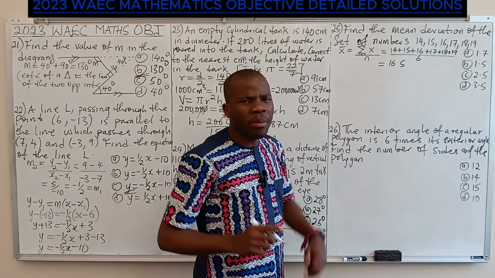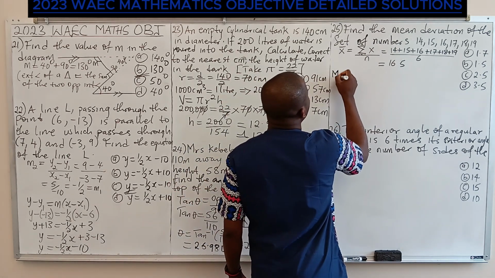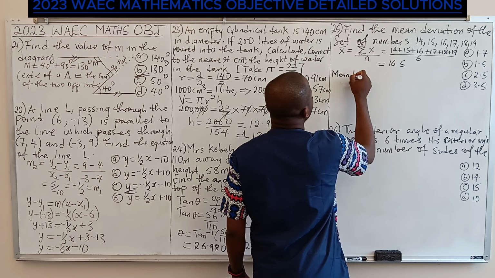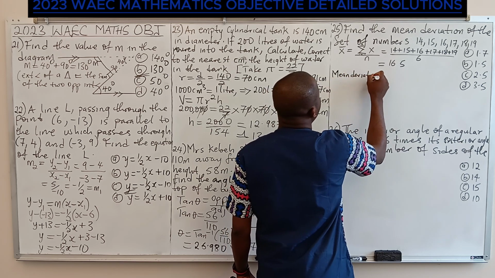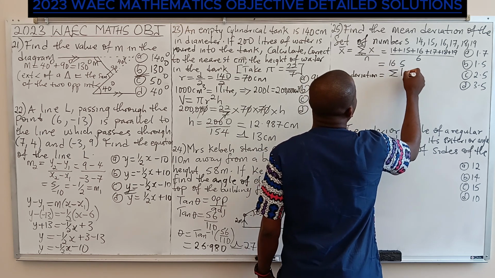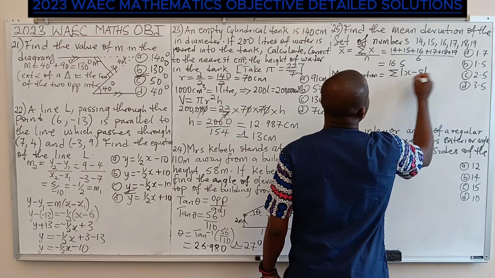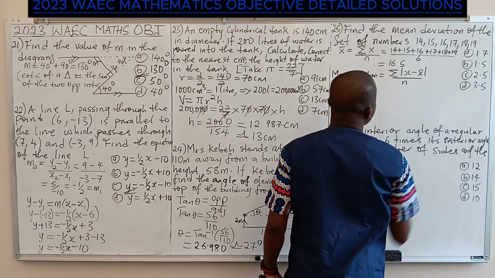Now, to look for the mean deviation, the formula is the sum of the absolute value of each of these variables minus the mean, over n.